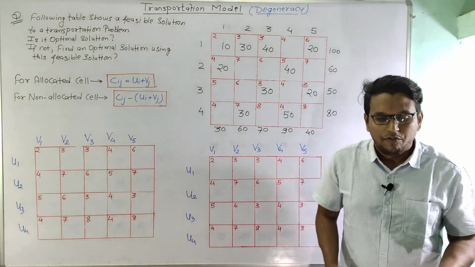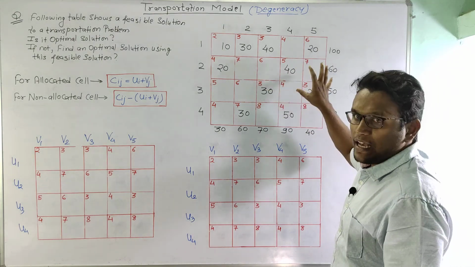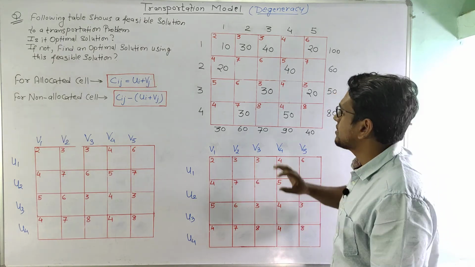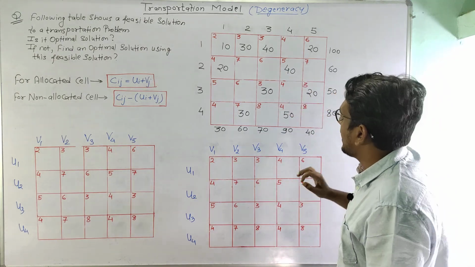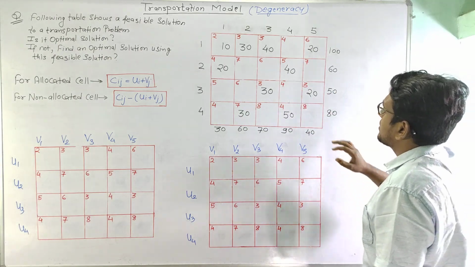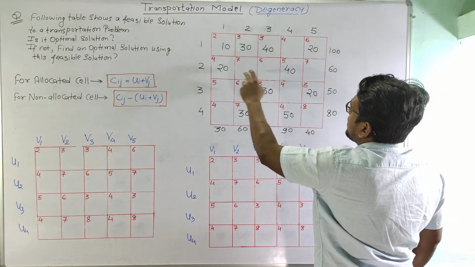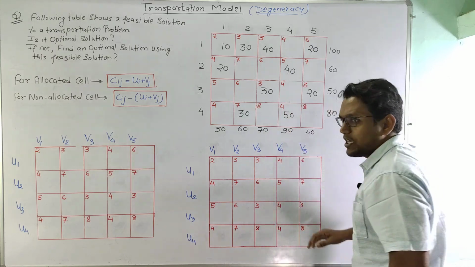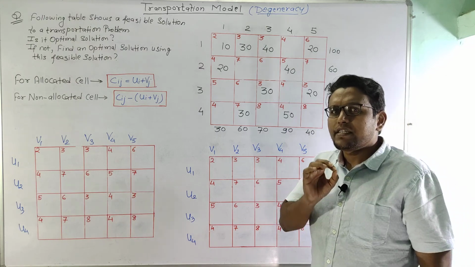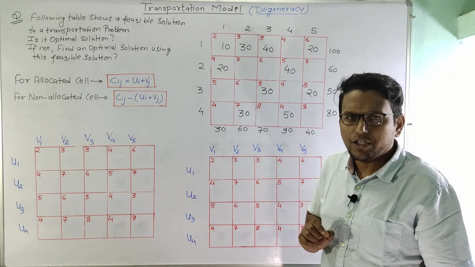Okay, so first of all we need to see what has been given in our table. In this particular table it has been said that this is a feasible solution, and once we look at the table we can identify that there are a number of allocations. If we count 1 2 3 4 5 6 7 8 9 10, there are 10 allocations, and we know that for a basic feasible solution we have to have m plus n minus 1 allocations.